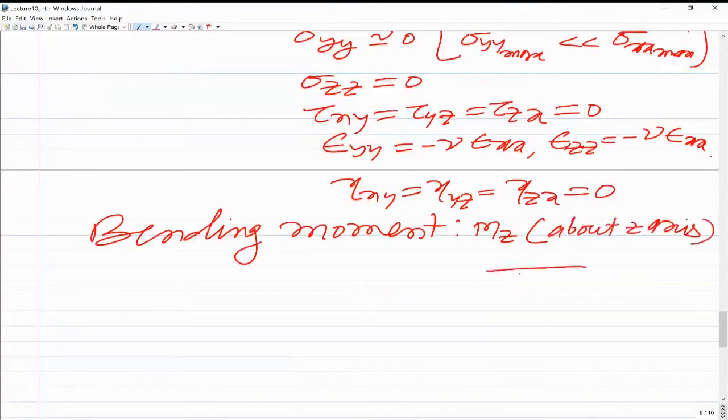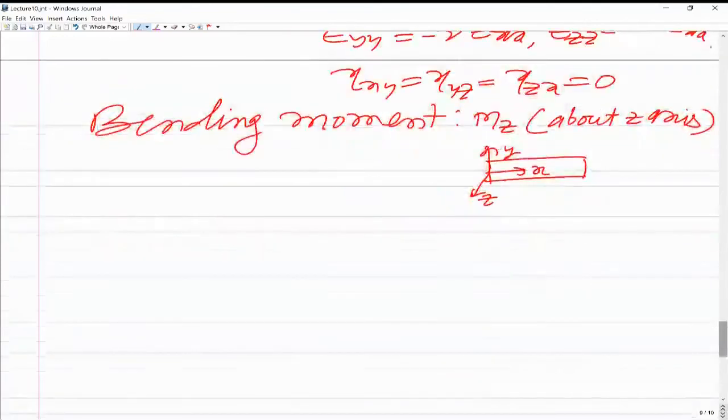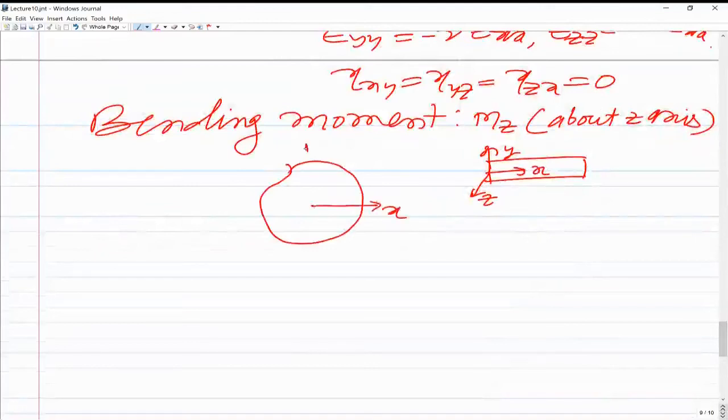In the beam, we have already taken this coordinate system. This is x, this is y, and then z would be like this. So the bending moment is actually the moment about the z axis. Now if you look at any cross section of the beam, let me take a cross section of the beam. Let us say the coordinate normal to this cross section is x, along the height we have the y coordinate, and we have the z coordinate in the third direction.